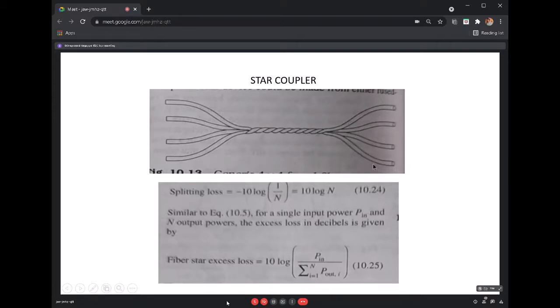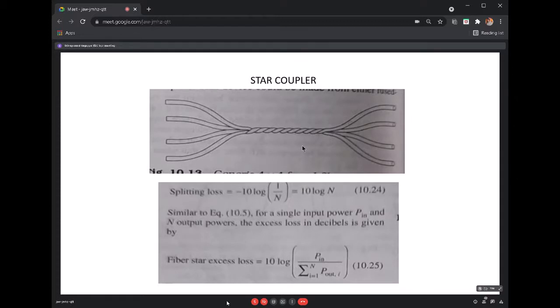So what are the techniques to create the star coupler? Fused fibers, gratings, micro optical technologies, and integrated optical technology are used. This is basically the fiber fusion technique, which is the majorly used and popular method for the construction of n cross m star couplers.